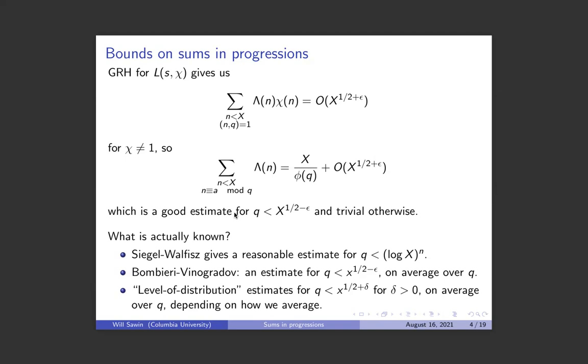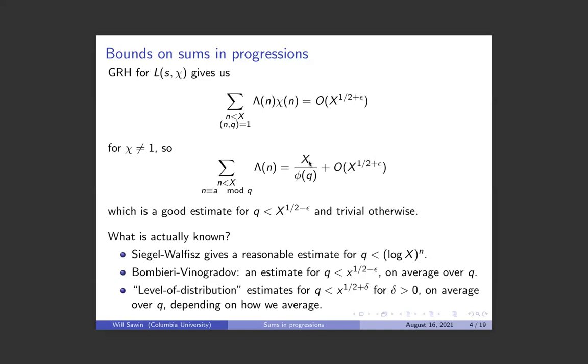So this is a good estimate for q less than x to the 1/2 minus epsilon, because the error term will then be smaller than the main term. And if q is bigger than x to the 1/2 plus epsilon, it's a bad estimate for two reasons.